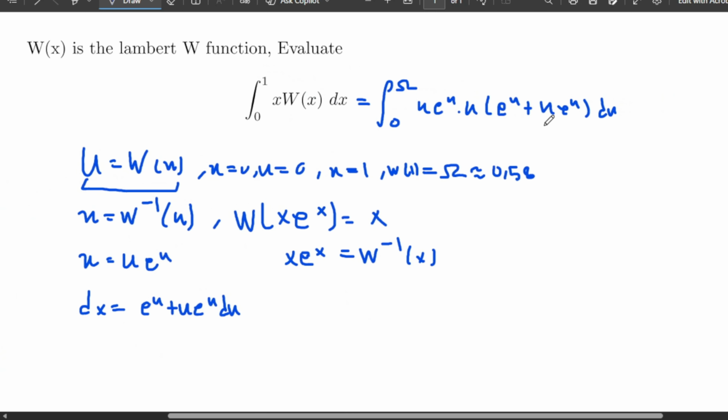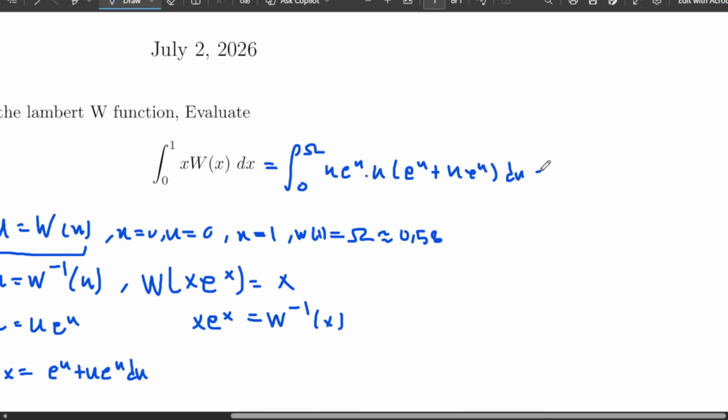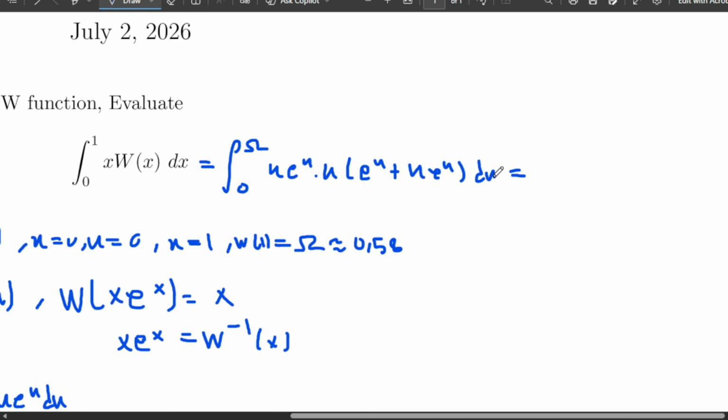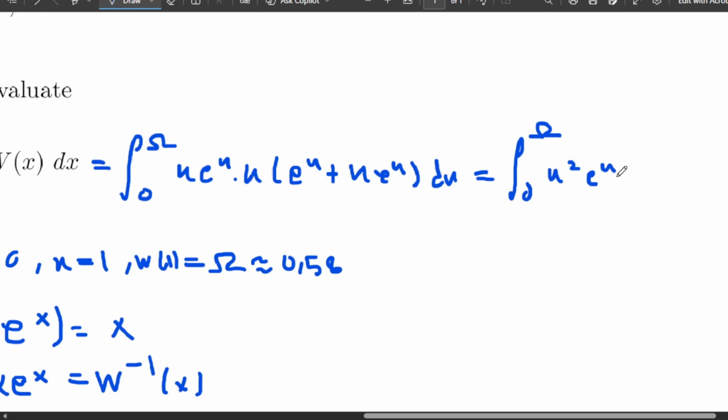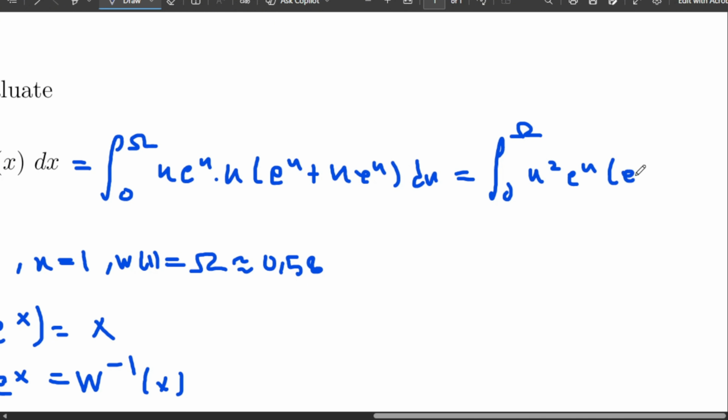All right, this integral, okay, let's simplify this. e^u plus u e^u du.